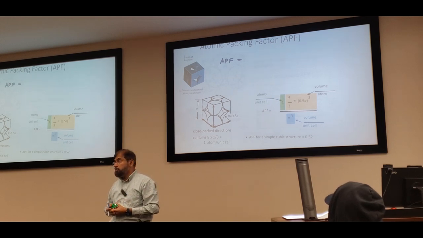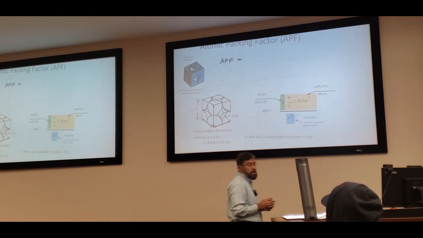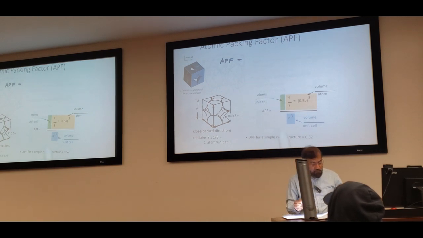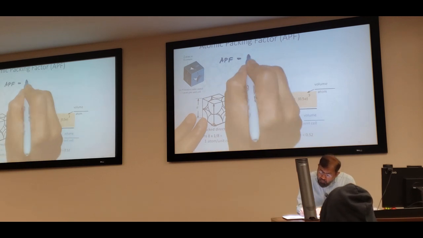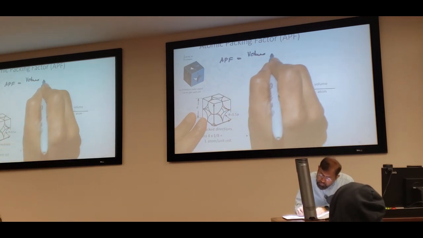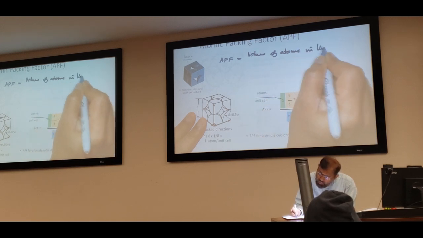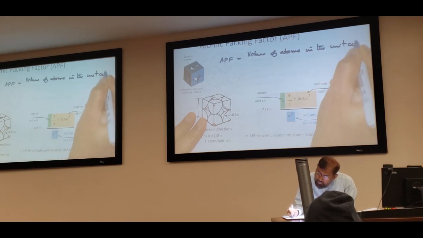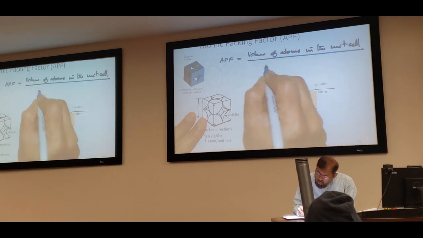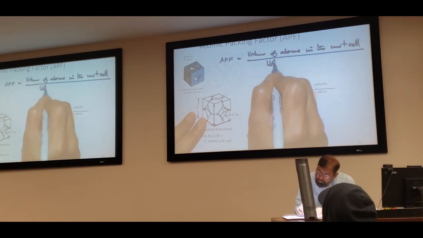Okay, that is the meaning. Now we are looking at the atomic packing factor, so this is the volume of atoms in the unit cell over total volume of the unit cell.